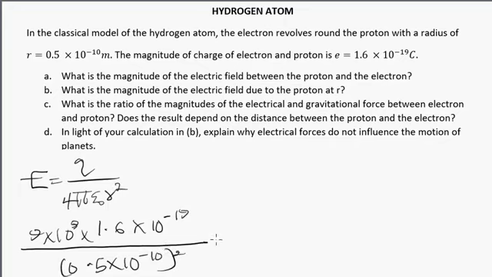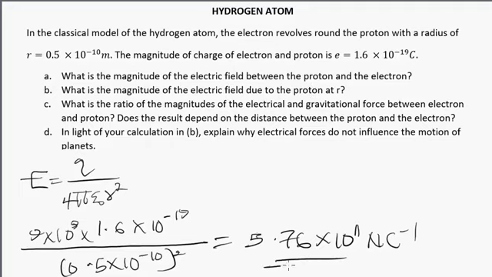So we simply calculate the value and get our answer. Checking this with my calculator, I have 5.76 times 10 to the power of 11 newtons per coulomb. So this becomes the magnitude of the electric field due to the proton at r.